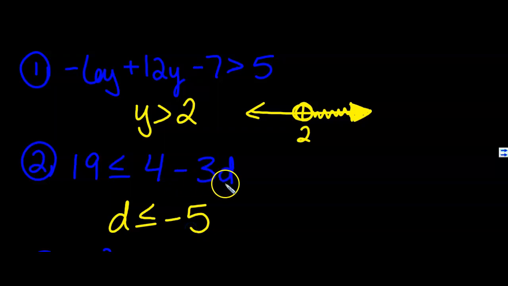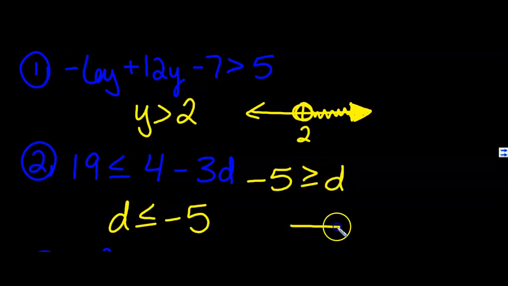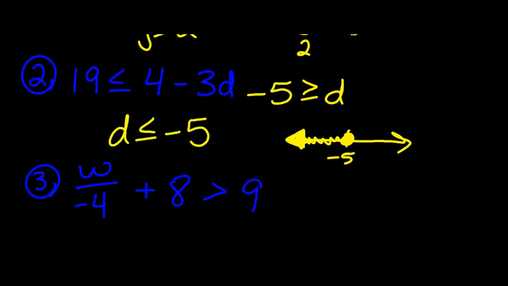You could have kept the D on the right-hand side and had negative 5 is in fact greater than or equal to D. The graph at negative 5, we have a closed circle now, representing that it can be equal to negative 5, and any value to the left-hand side of that negative 5 is correct.